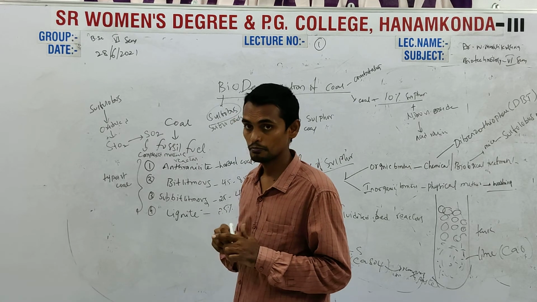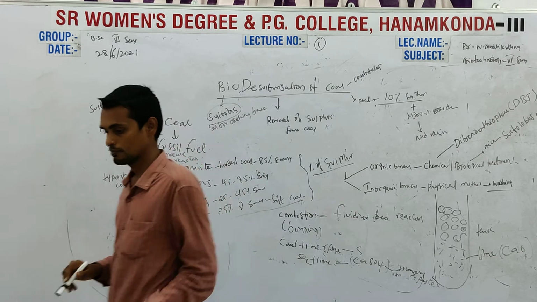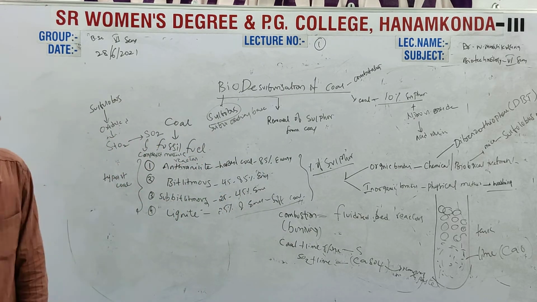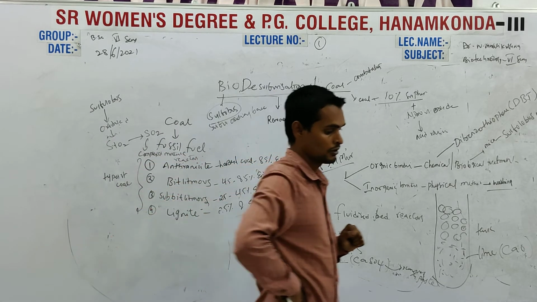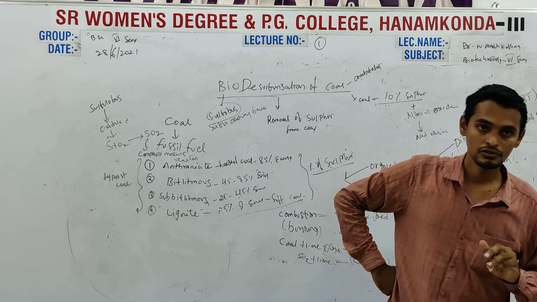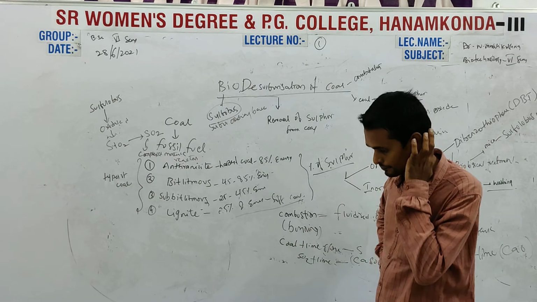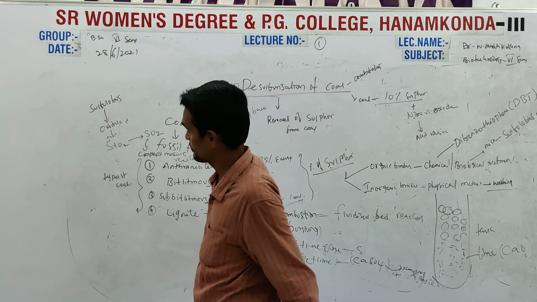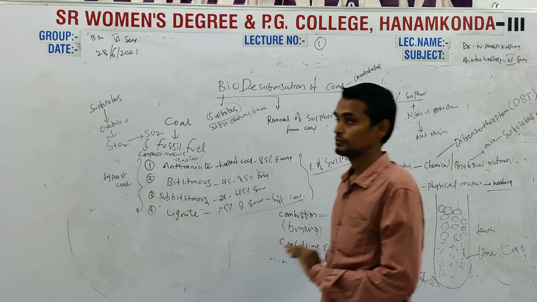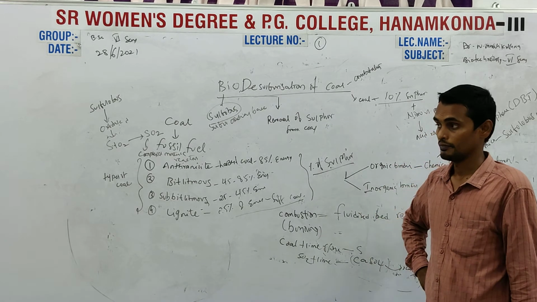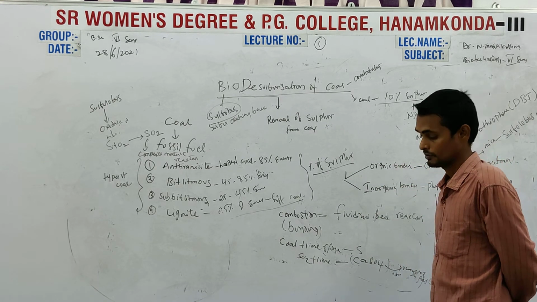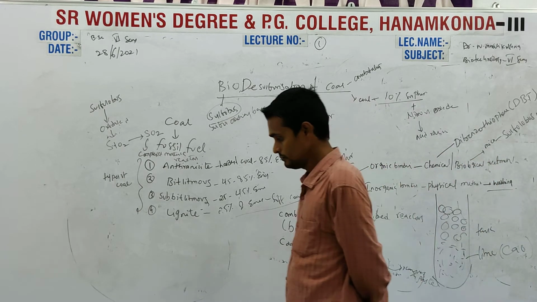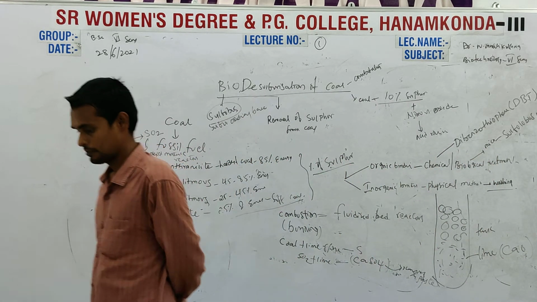The use of such sulfur oxidizing bacteria in desulfurizing the coal is called biodesulfurization of coal. So this is all about the desulfurization of coal.